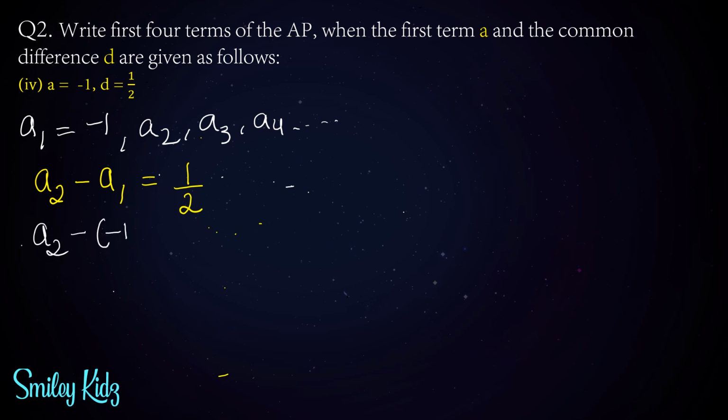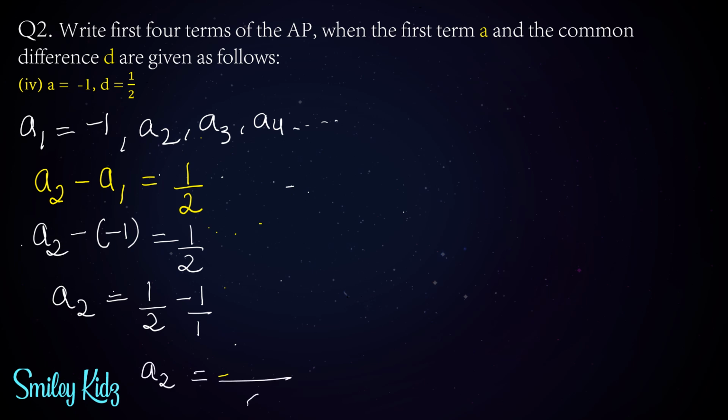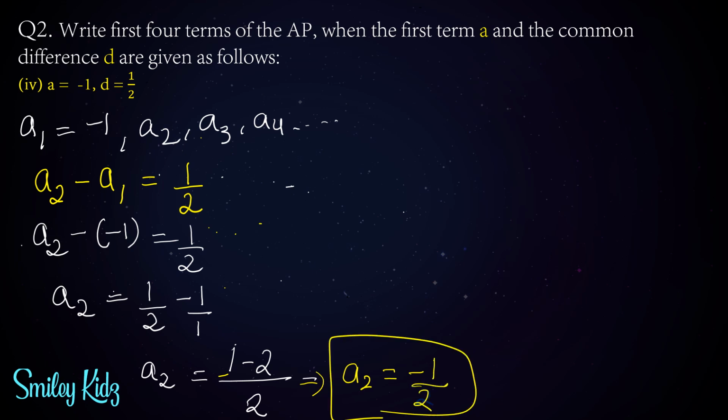Now, A2 minus of minus 1 is equal to 1 by 2. A2 is equal to 1 by 2 minus 1 and A2 turns out to be 1 minus 2 upon 2, and this in turn is A2 is equal to minus 1 upon 2. So the value of A2 is minus 1 upon 2.